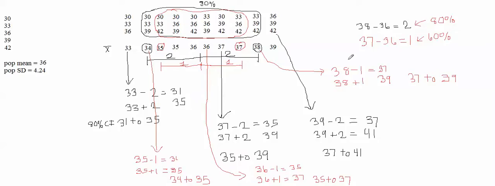A confidence interval is a span or a range between two numbers. So a confidence interval isn't just one number. A confidence interval will be something to something. Like this entire thing right here is a confidence interval. We've created 6 confidence intervals so far, 3 80% confidence intervals and 3 60% confidence intervals.